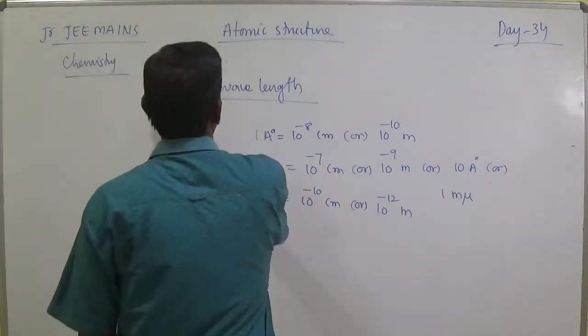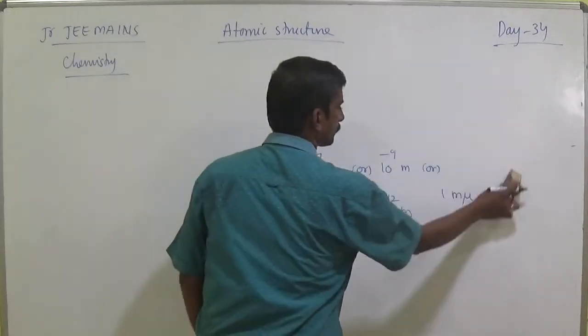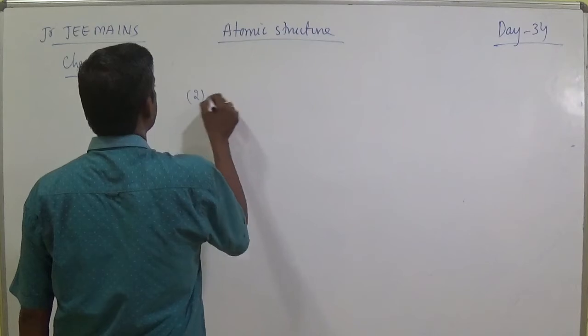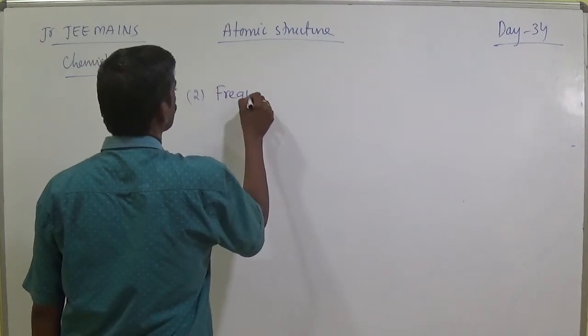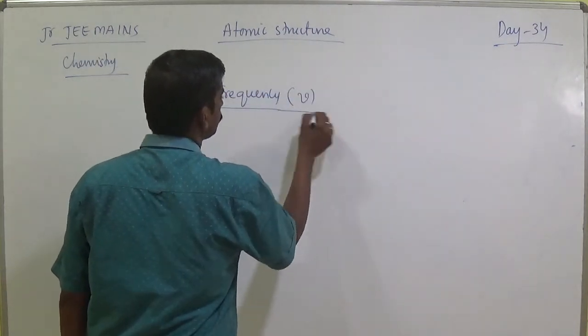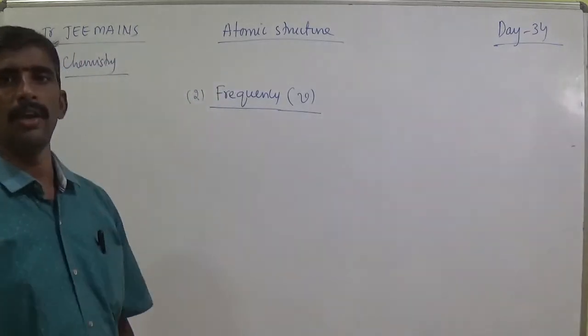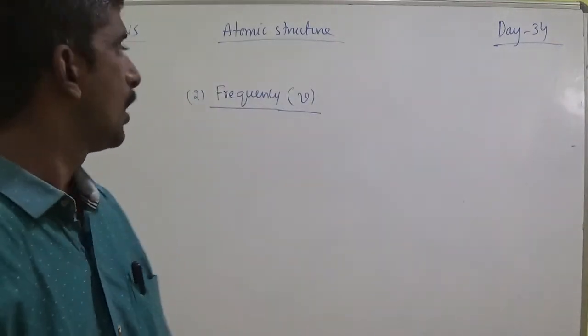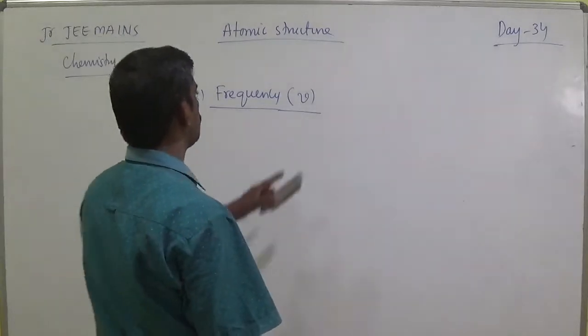Second one is frequency. Frequency is denoted by the symbol mu, while wavelength is denoted by lambda.